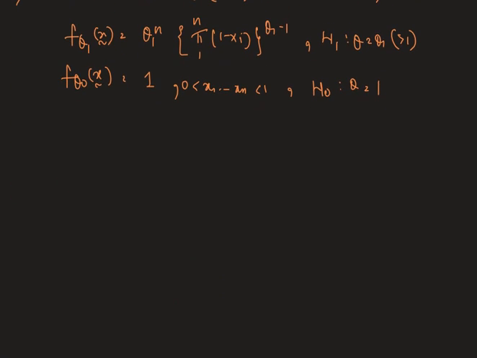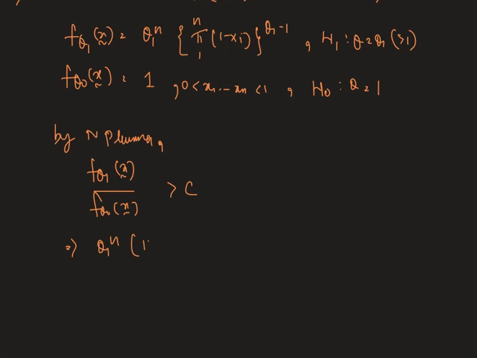Hence by the Neyman Pearson lemma, we can write that f theta 1 of x curl divided by f theta naught of x curl is greater than c, which equals theta 1 to the power n times the product from 1 to n of (1 minus xi) to the power theta 1 minus 1, greater than c.